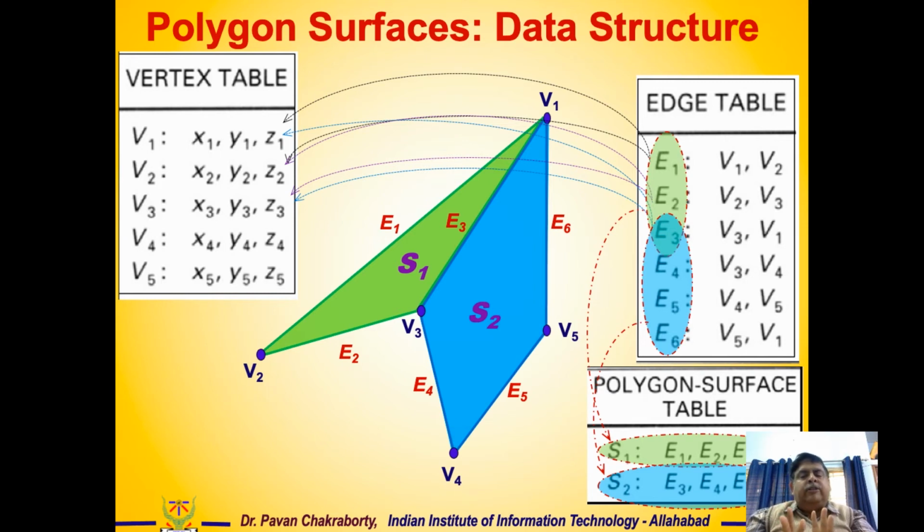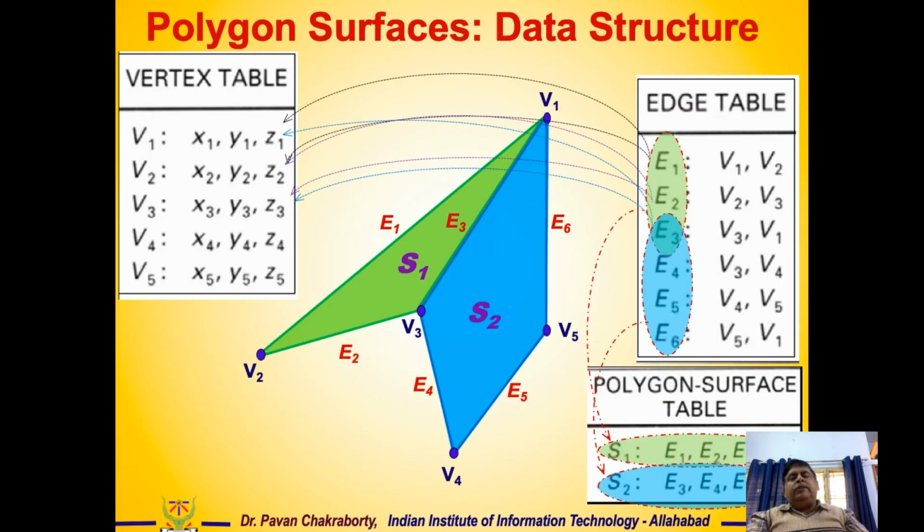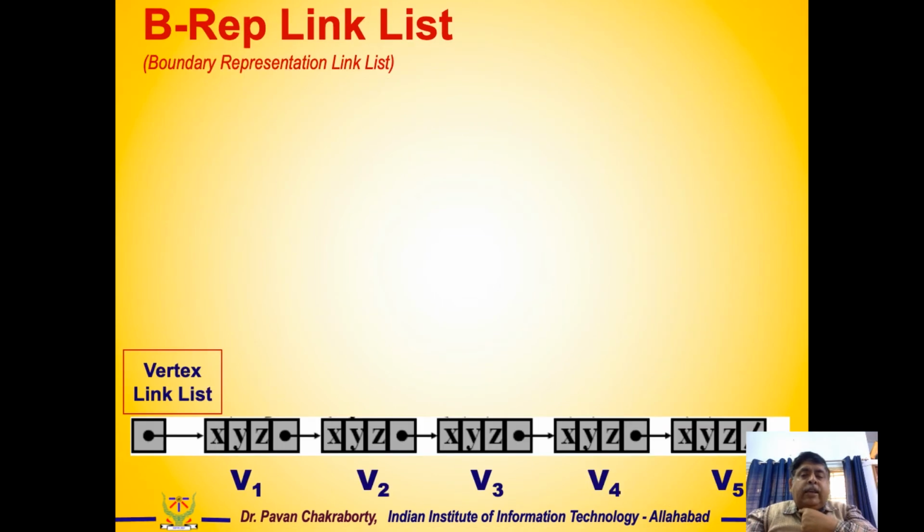Altogether, it depends on the vertices V1, V2, V3, and at the end stage, we separate out the polygon surface table and then the polygon volume table. So that was a graphical representation showing you the different surfaces S1 and S2.